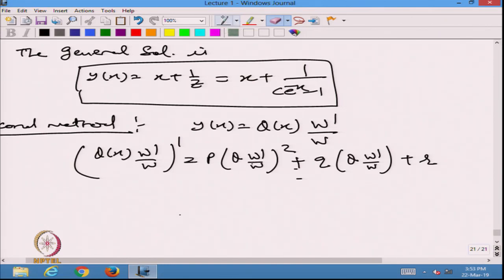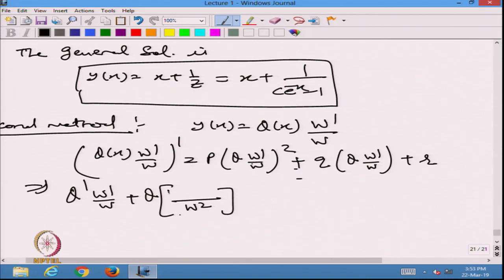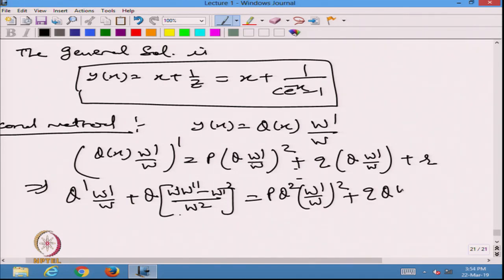If I solve this, I will get Q'(w'/w) + Q (w w'' − w'²)/w², and on the right hand side I will get the same factor: P Q² (w'/w)² + Q (w'/w) + r.